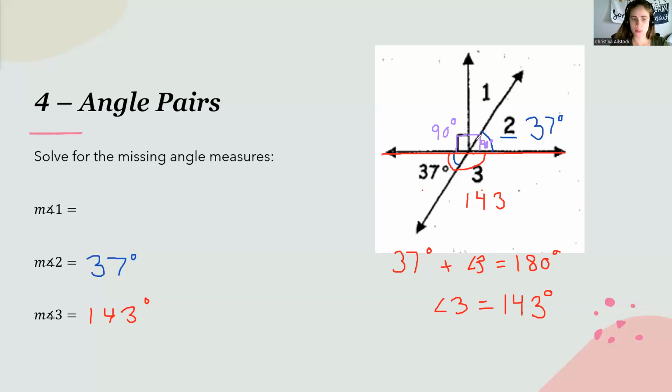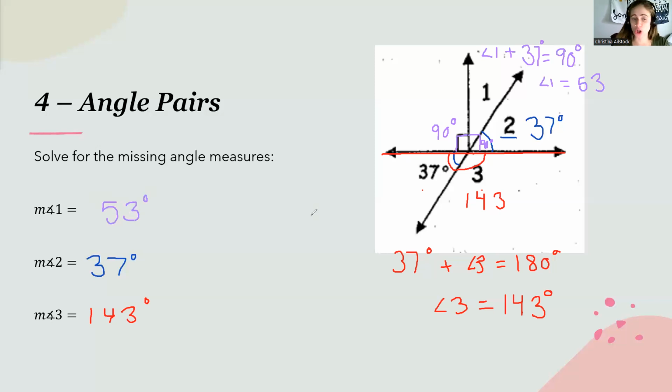So that is broken down into angle 1 and angle 2. So we know that angle 1 plus angle 2, which is 37 degrees, would come together and make a right angle of 90 degrees. What can we do there to then find our missing piece? We can subtract. 90 minus 37 would be 53 degrees.